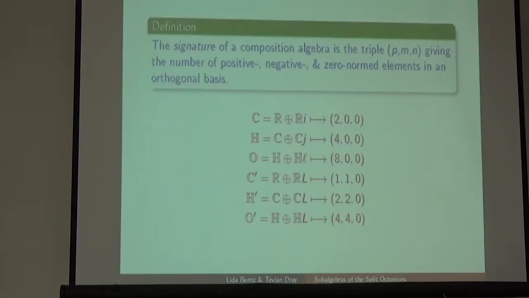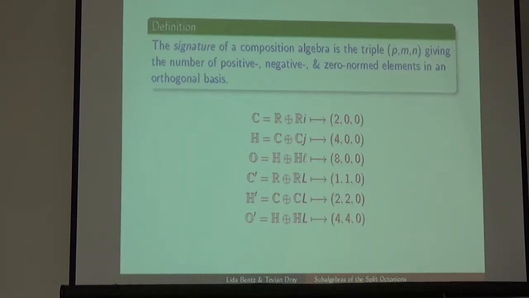All right, so now we get into signature. The signature of a composition algebra we define to be the triplet here, where P is the number of positive squared norm elements in your orthogonal basis, M is the number of negative norm elements in your orthogonal basis, and N is the number of 0 norm elements. So if we look at some things we know, the complexes have signature 2, 0, 0.